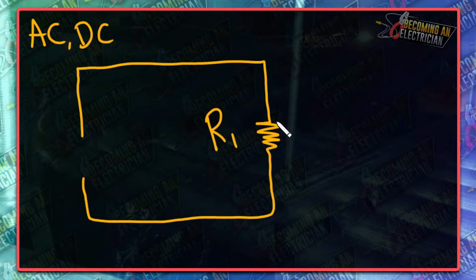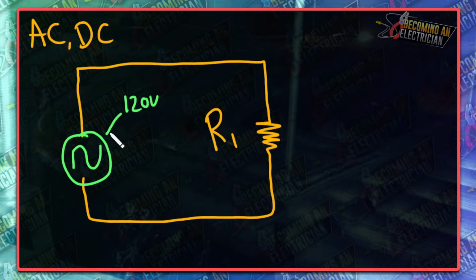And so again, if we have a power source here, I want to talk from a real electrician's point of view. So if this is an AC circuit, typically it's like this, okay? And then they'll say this right here is 120 volts, and this resistor, let's just say it is 10 ohms.